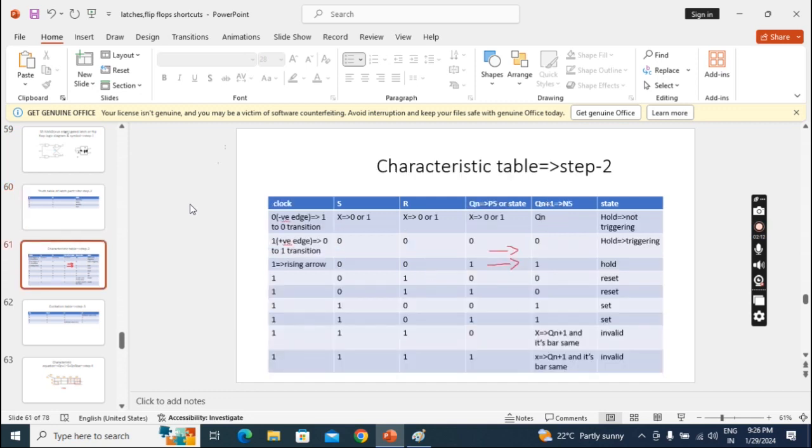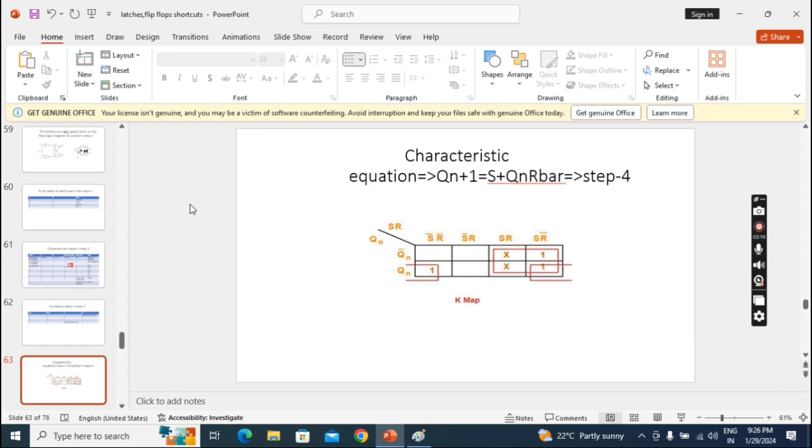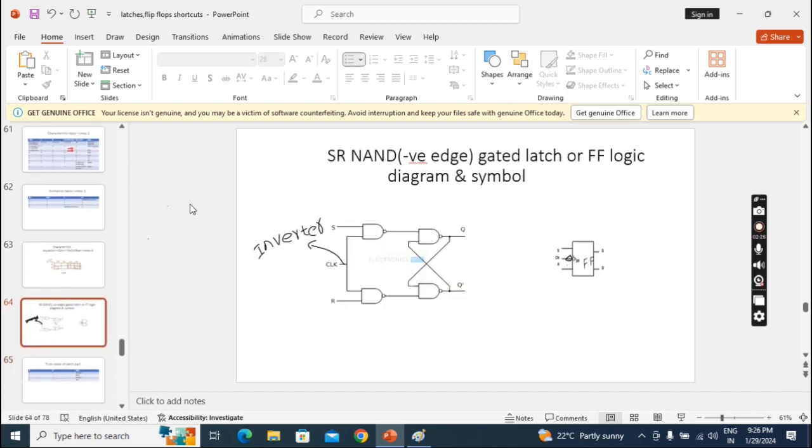Remaining everything is the same. Excitation table same, characteristic equation same. You have to watch this lecture after watching gated latches: NAND latch, NOR latch with positive level, negative level. Now we'll see with negative edge.